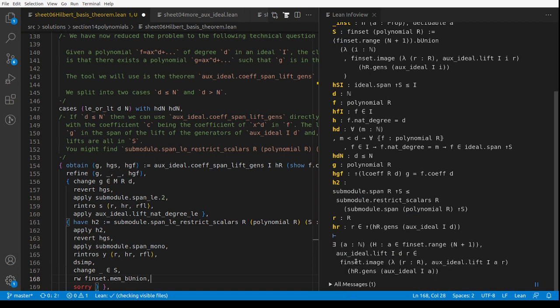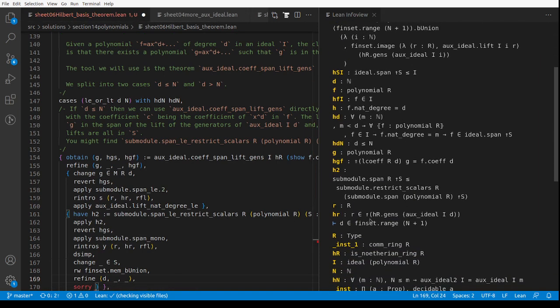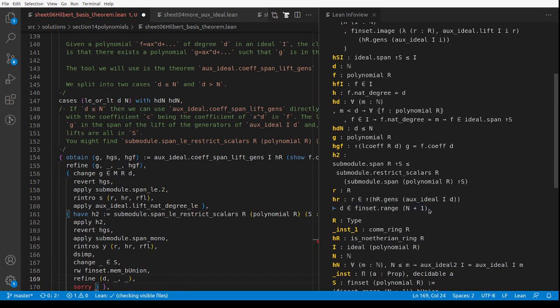I know that R is... I've got to prove that the lift of R is the image of the lift map R, but that's a D and that's an A, so it's going to be use D. Refine D underscore underscore. What have we got for this? This one I've got to prove that D is less than or equal to N. Do we have that? That's exact HDN.